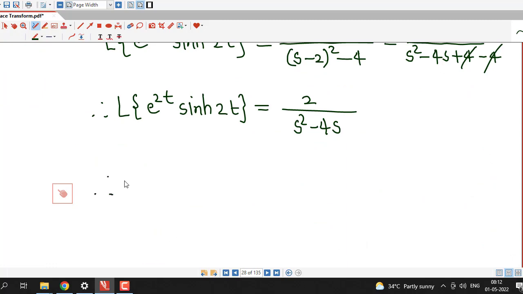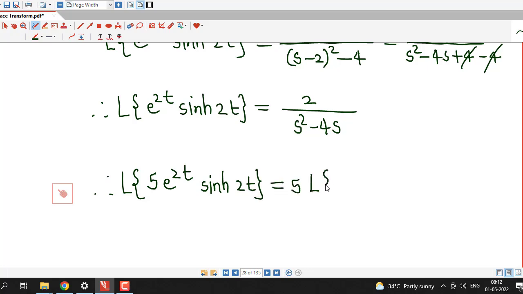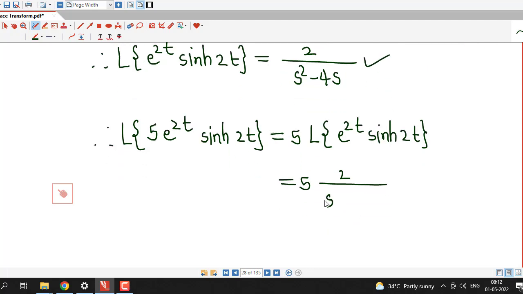So by the linearity property, the Laplace transform of 5 times e raised to 2t sine hyperbolic 2t equals 5 times 2 divided by s square minus 4s, that is 10 divided by s times s minus 4.